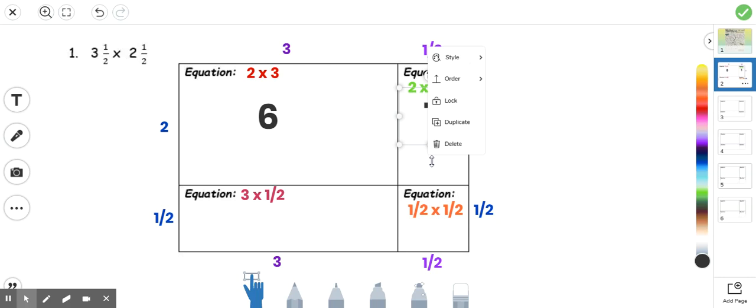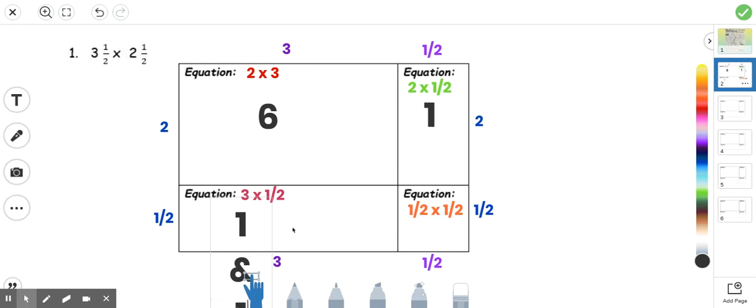All right. What about 3 groups of a half? Well, if 2 groups of a half equal 1, then 3 groups of a half are going to equal 1 and 1/2. Okay? Let me stretch this out so you can see everything. Perfect.